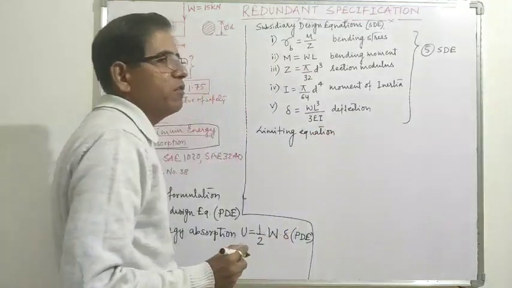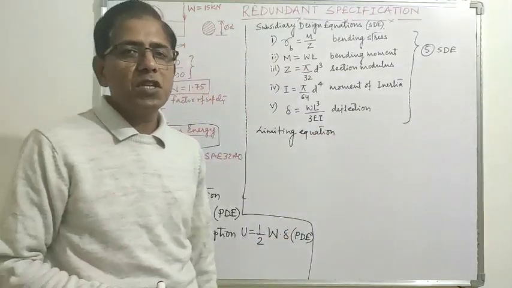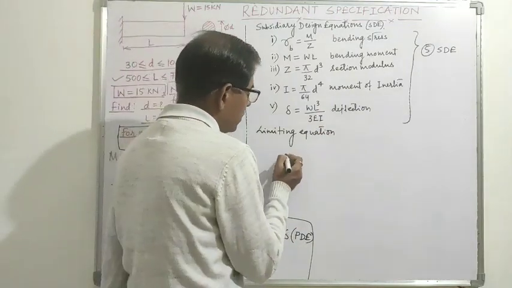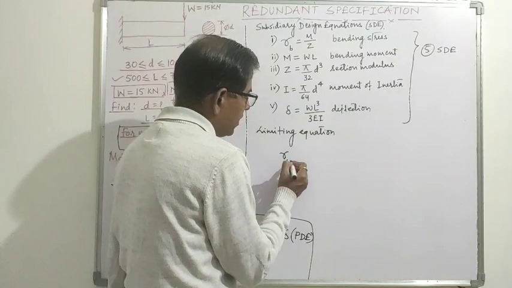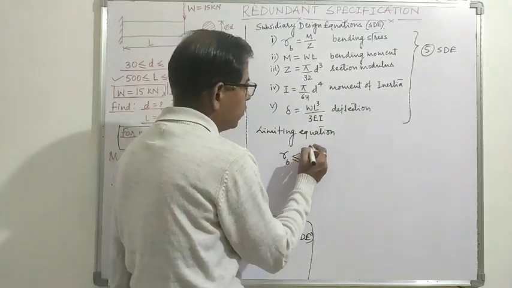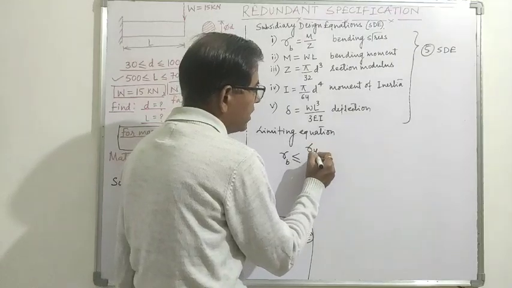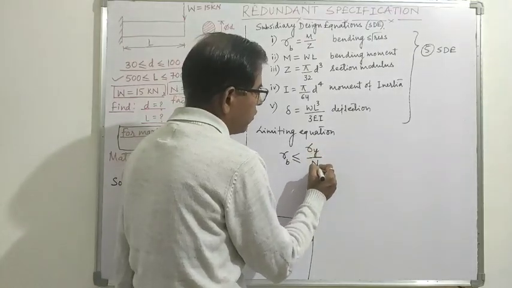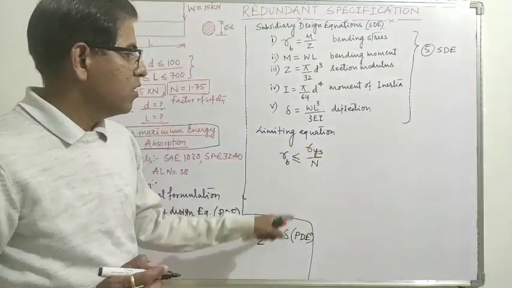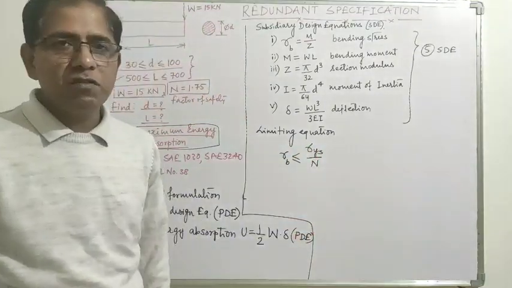So what are limiting equations? Limiting equations are those equations where the constraints are imposed. So the first constraint is that the bending stress should be less than or equal to the yield shear strength of the material divided by the factor of safety.